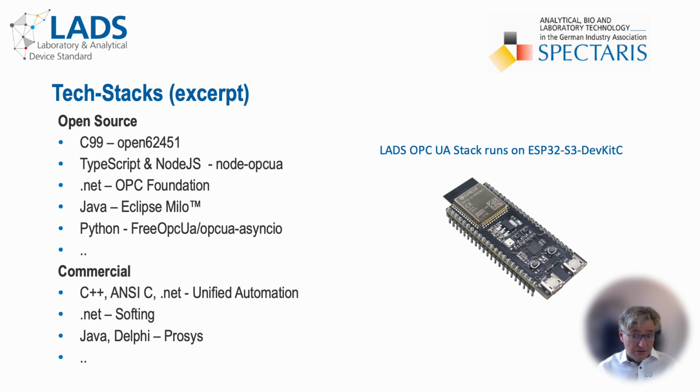The OPC Foundation provides a reference implementation for .NET. An open source Java implementation of OPC is Eclipse Milo. A popular tech stack for Python is FreeOpcUa in its asyncio version. It comes with a huge set of valuable examples.